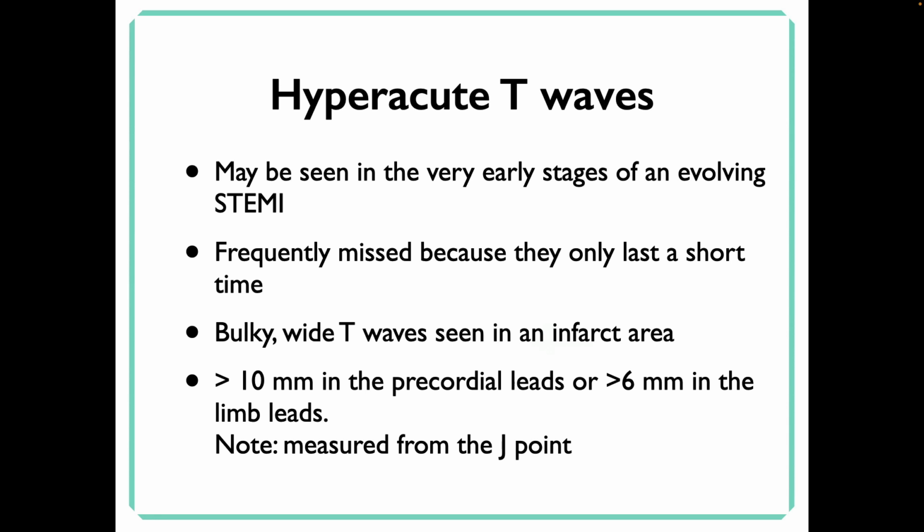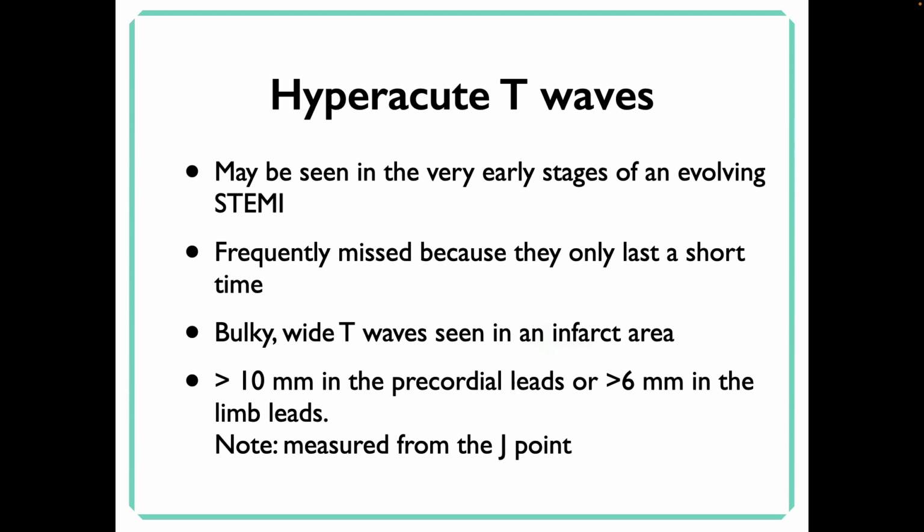Now, over time, we're going to develop the idea of hyperacute T waves because there are various definitions of how we define, in terms of ECG measurements, hyperacute, okay? So this is the one we're going to start with, and then in a few weeks we're going to develop it further.